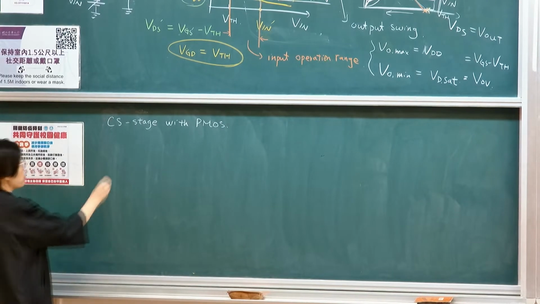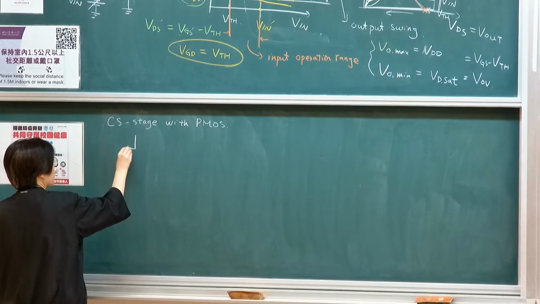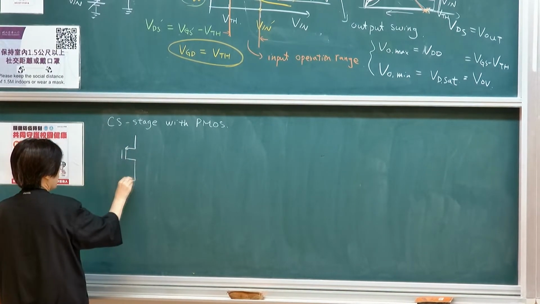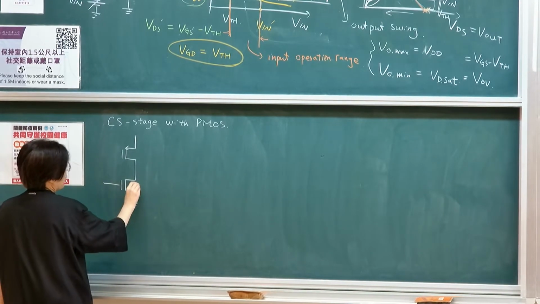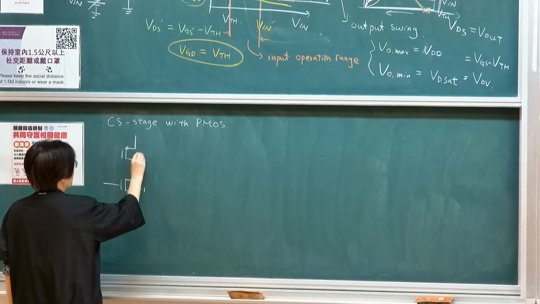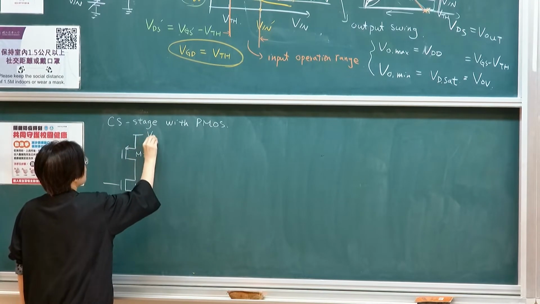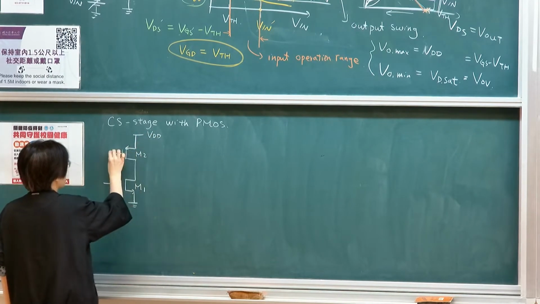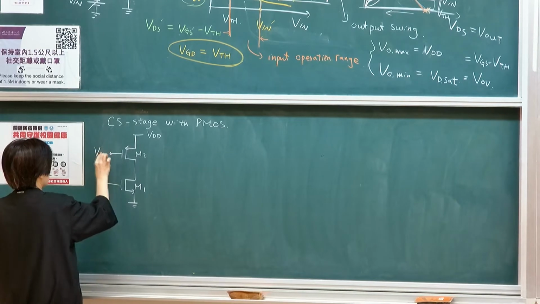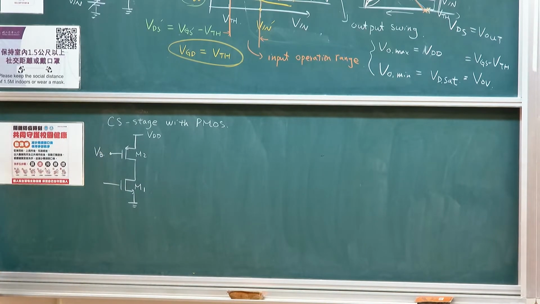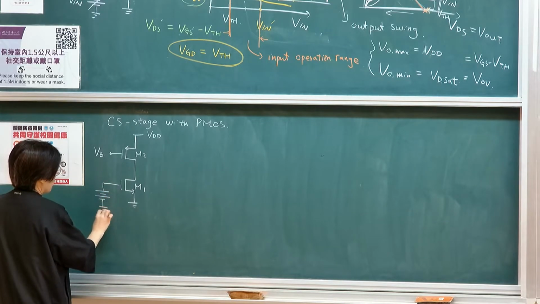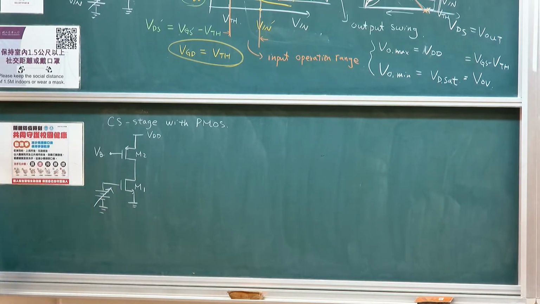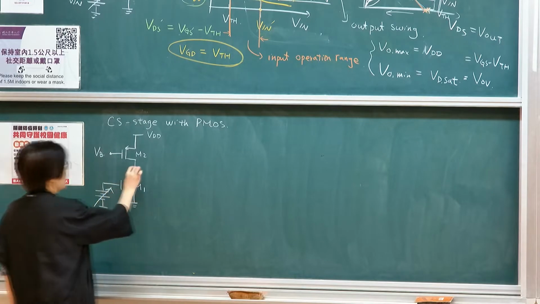For a PMOS load version, it will be slightly more complicated because I have two transistors. So this will be M1, M2, VDD, VP. Okay?